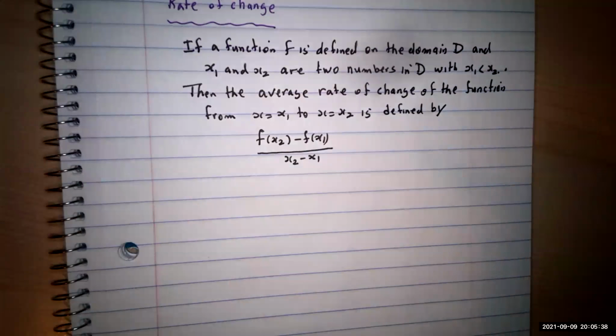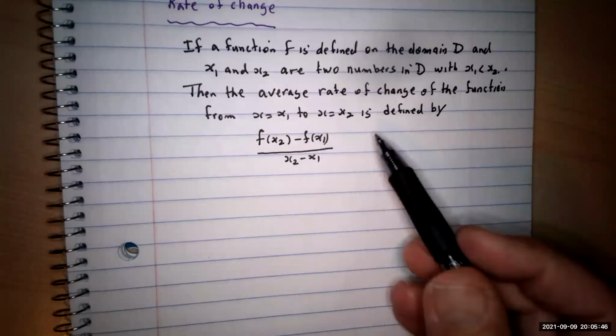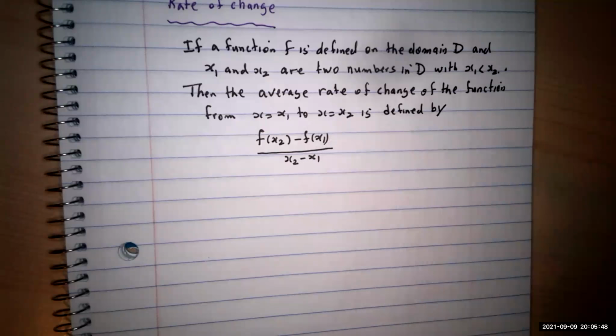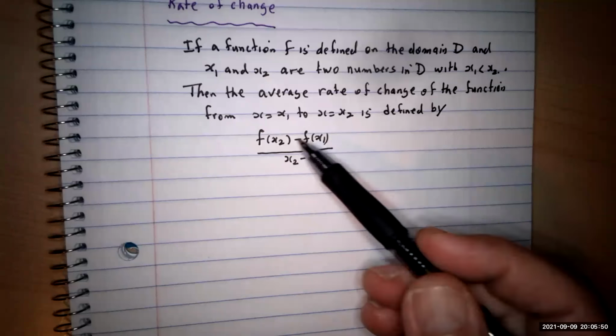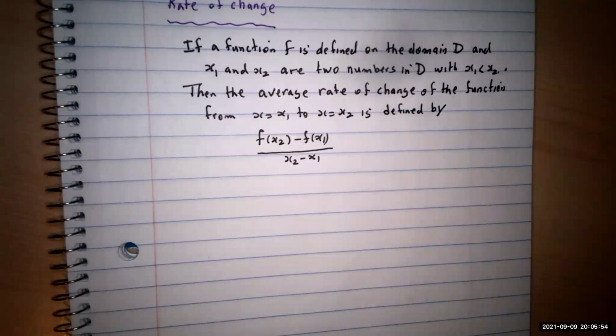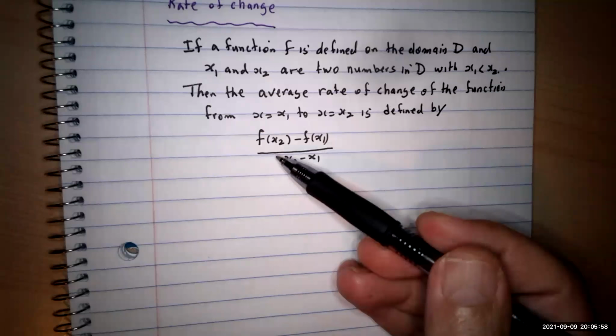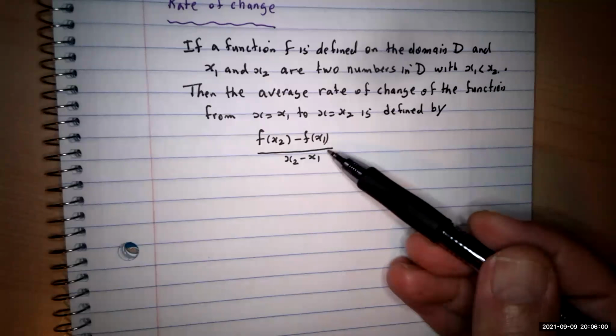In your case, if this f is going to be, for example, the cost function, so it's a cost of the production at two levels of production, x1 and x2. The top is going to be the cost of the number of the cars, for example. This is the cost of producing x2 number of the cars. This is x1 number of the cars.